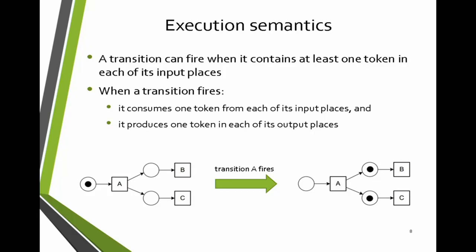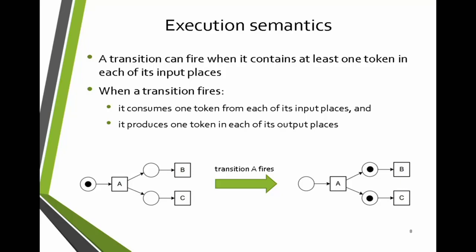By firing transition A, you consume a token out of every input place, and you produce a token in every output place. You can see that in this small example, transition A has 2 output places. In both of the output places, you need to put a token, in order to allow for next states to be reached after firing other activities, for instance, B and C. So let me show that in a model.